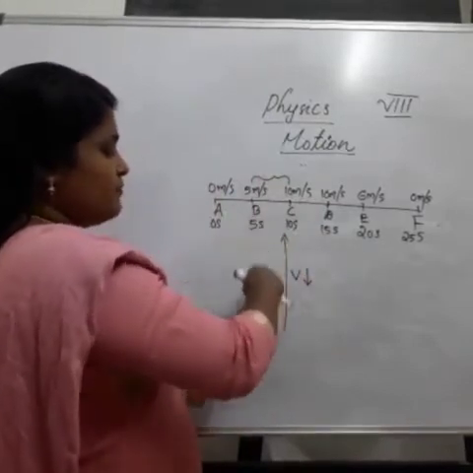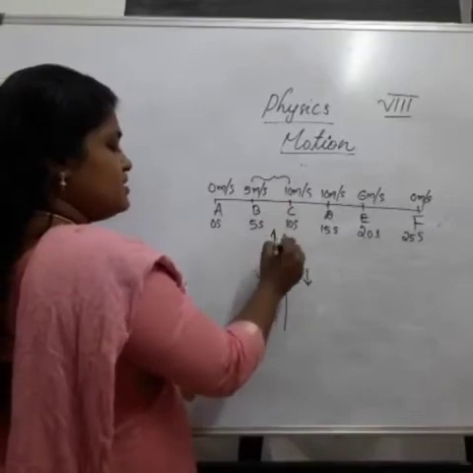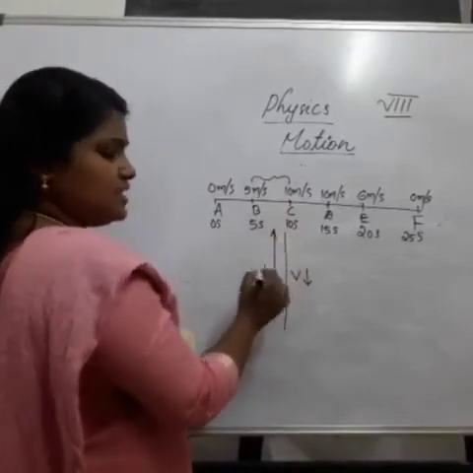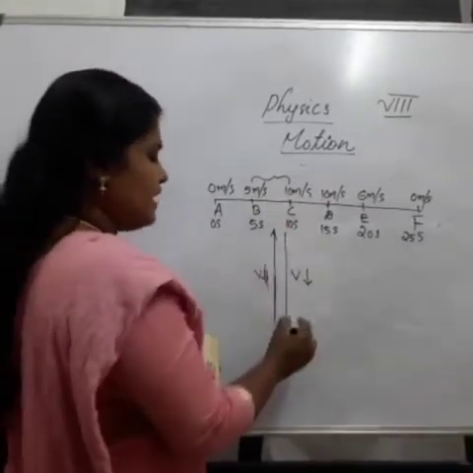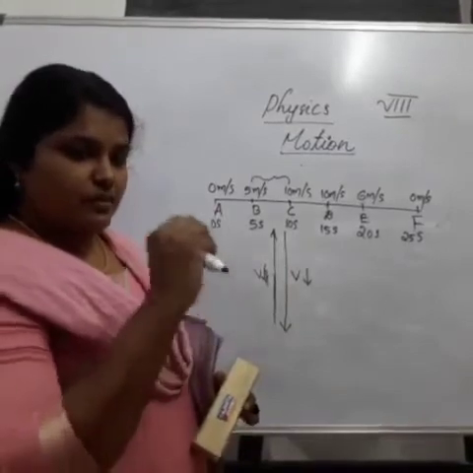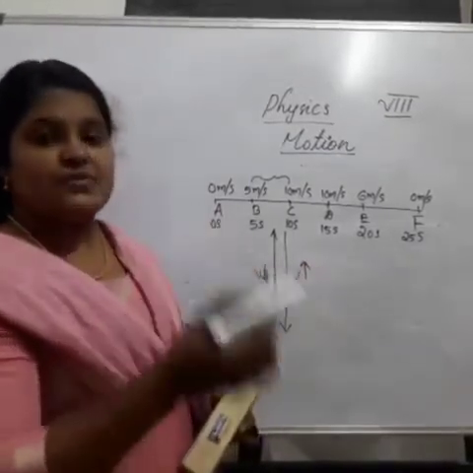In the upward motion, the velocity decreases with the time. That means the acceleration is negative. But in the downward motion, the velocity of the body increases with the time.